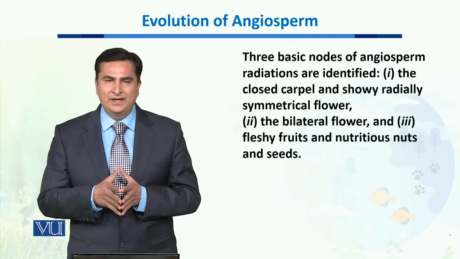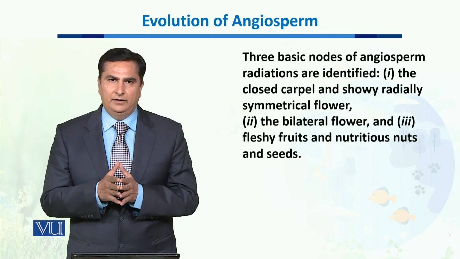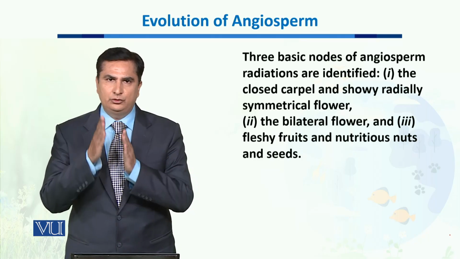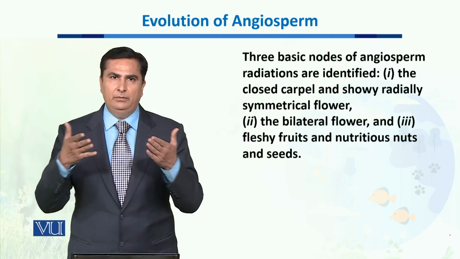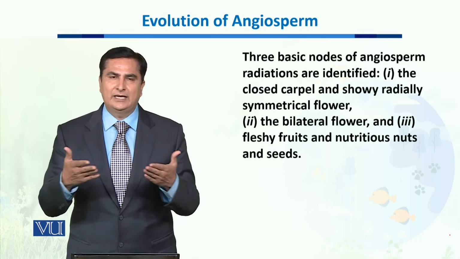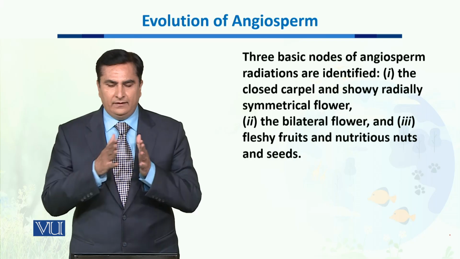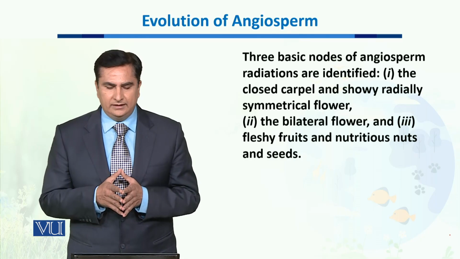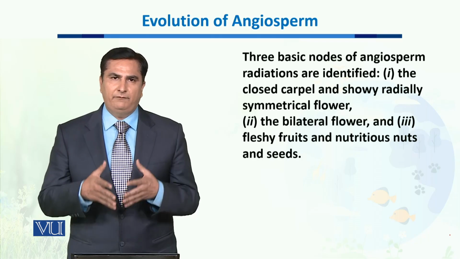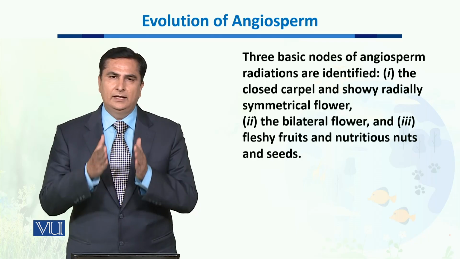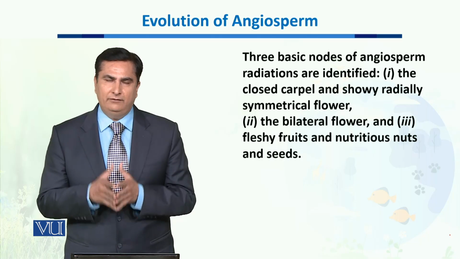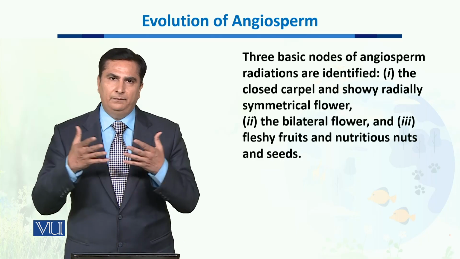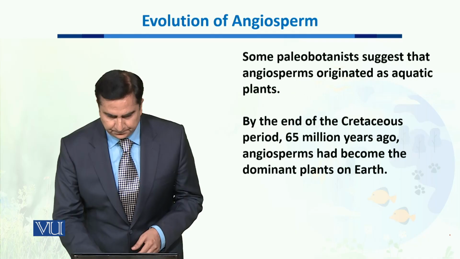Then they have bilateral flowers. If you cut the flowers into two halves, you will find them equal and similar to each other. Then the third one was fleshy fruits and nutritious nuts and seeds. These were very important nodes through the course of evolution when we talk about the angiosperms.